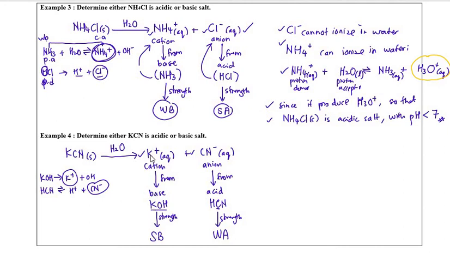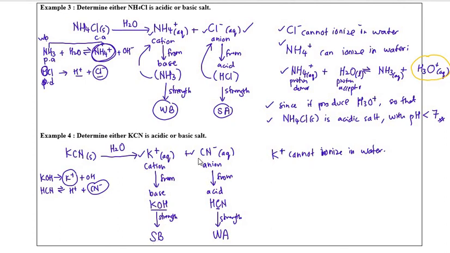That means this ion K plus comes from the strong base, so automatically this K plus cannot ionize in water. Okay, because it comes from the base which is a strong base.